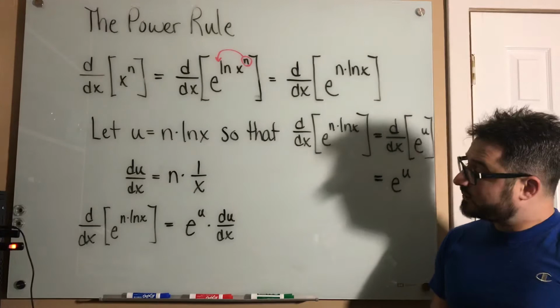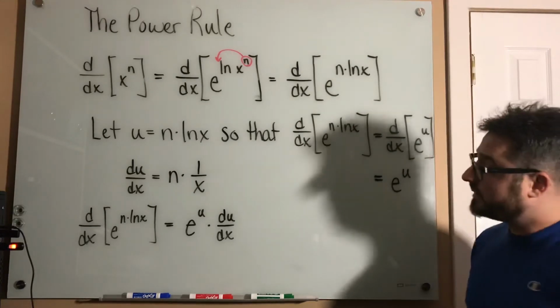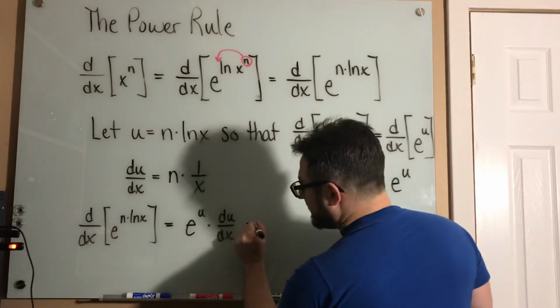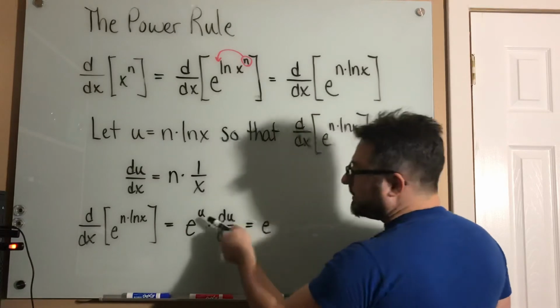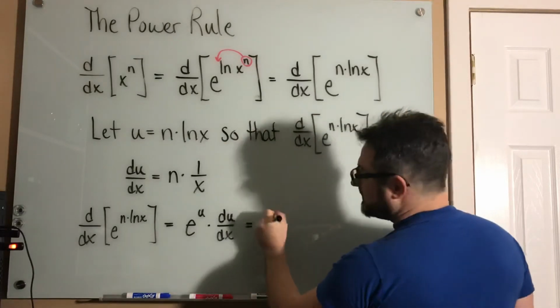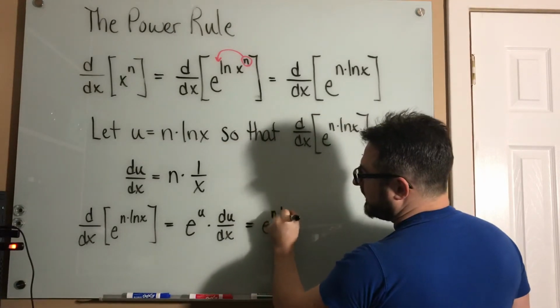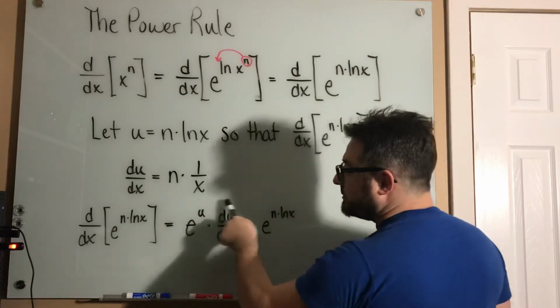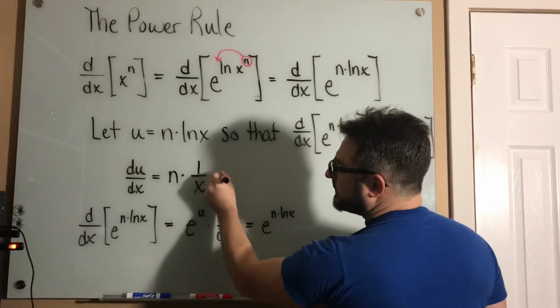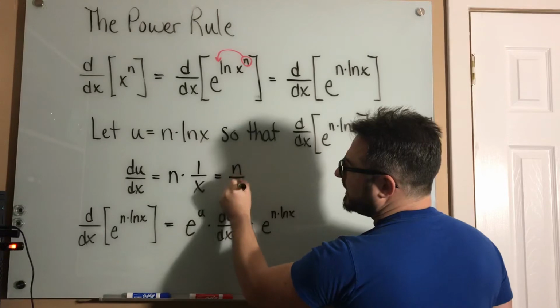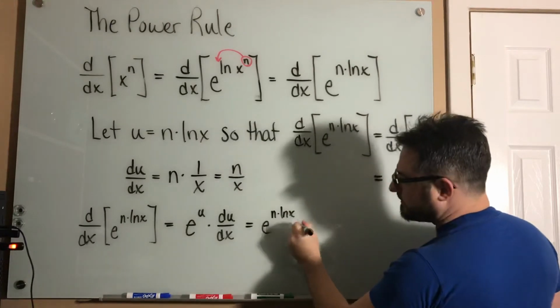And from here, we can resubstitute to get it back in terms of the original variable. u is n times ln x, and du dx is, well, we can clean that up slightly and make it n over x.